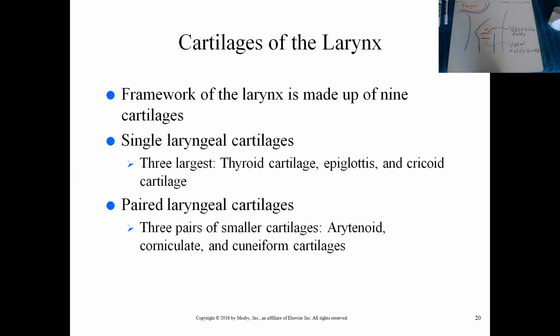So in total, there are 9 cartilages for the larynx. 3 single pieces: thyroid cartilage, epiglottis, cricoid cartilage. Those are all single pieces.